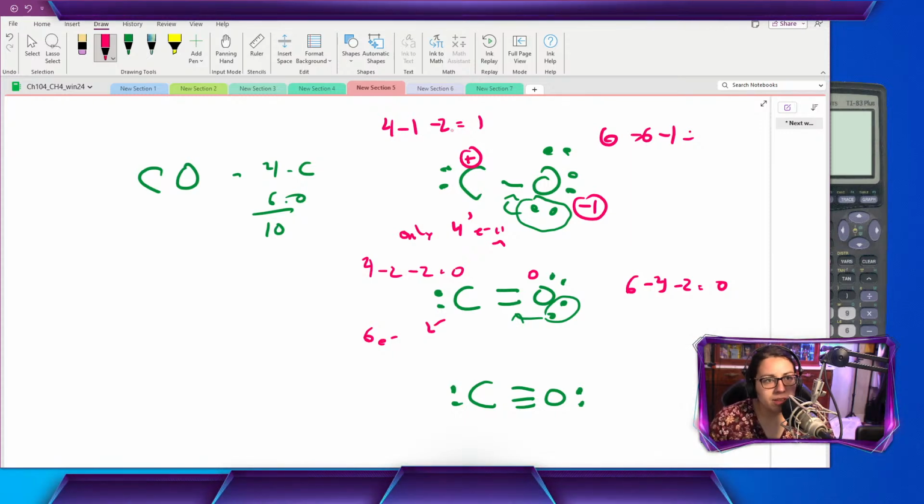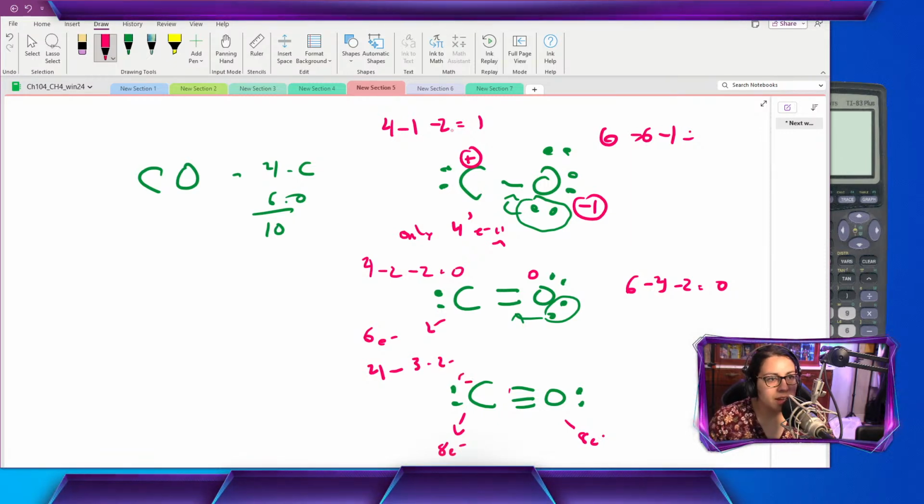Let's look at our electrons. 1, 2, 3, 4, 5, 6, 7, 8. So yay, we have 8 electrons for carbon finally, and oxygen still has 8. So that's happy. And what's our formal charge though? We have 4 minus 3 bonds minus our 2 electrons.